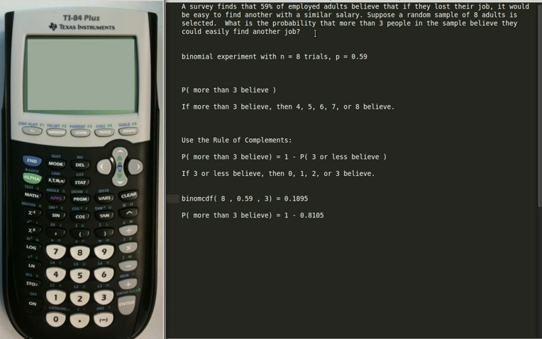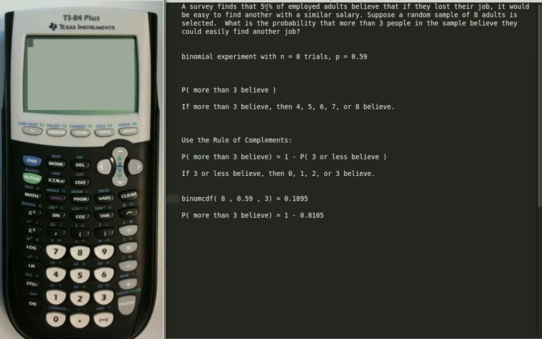Okay, so first off, what we have is a binomial experiment with n equals 8 trials. We're going to pick 8 people at random and ask them if they believe that they could easily replace their job with another one with a similar salary.